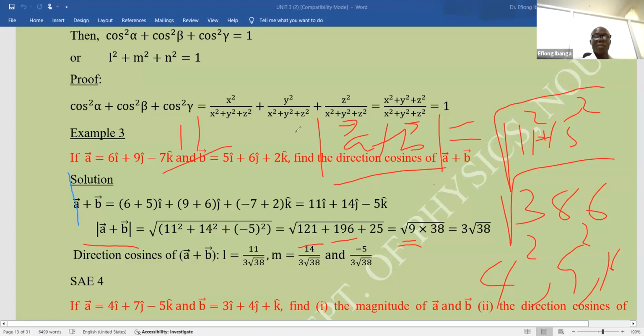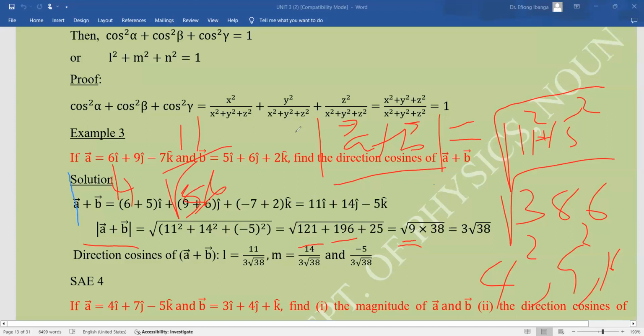The correct answer in this case is going to be 11 all over the square root of 386, not like the one that we factored. That's my L. Then my M is going to be what? It's going to be 15. Is that correct? 15 over the square root of 386.